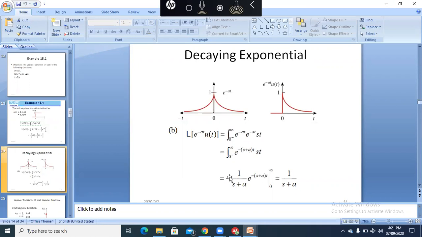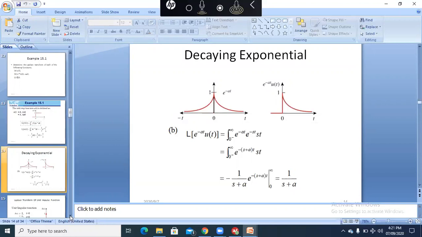This is integrated, and we get the value of this integral. When we substitute infinity, the value of this integral is 0, and minus the value of this integral with the exponential 0, we will get 1 over s plus a.